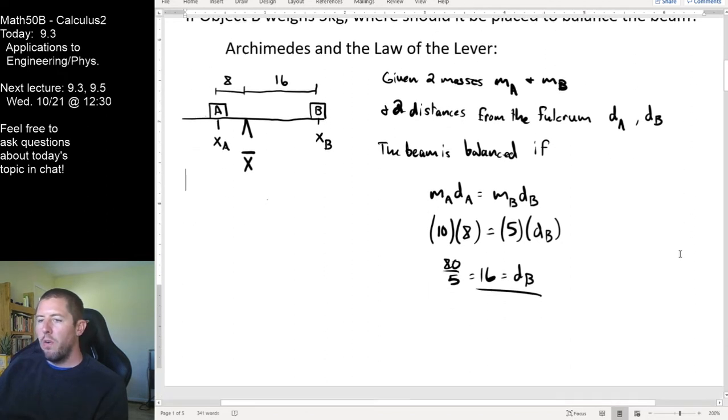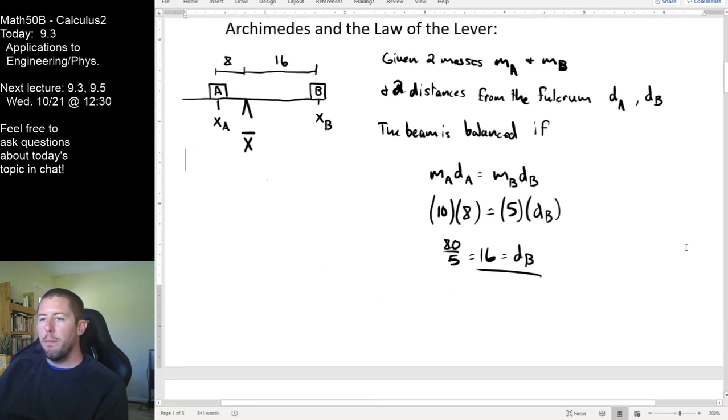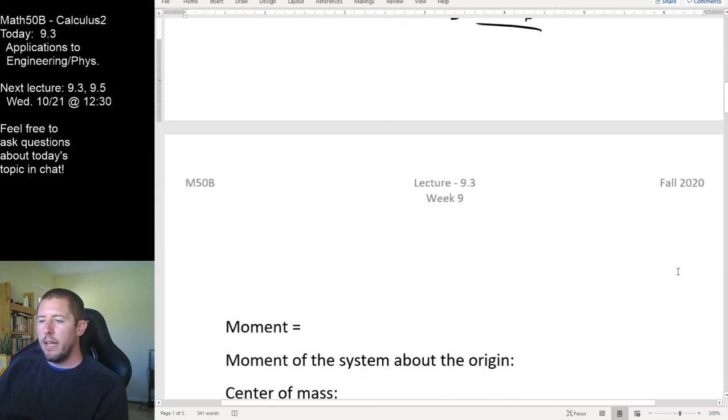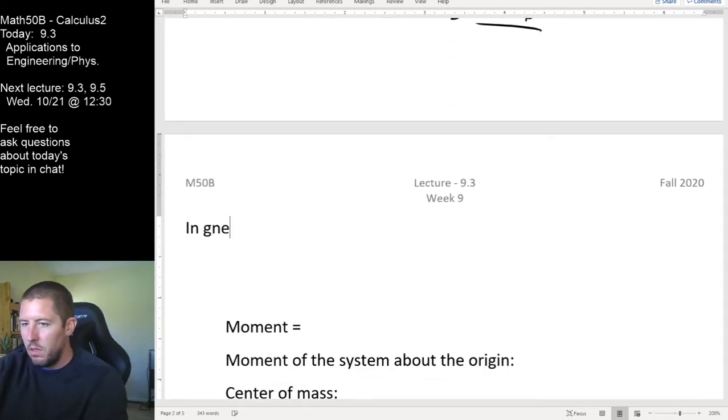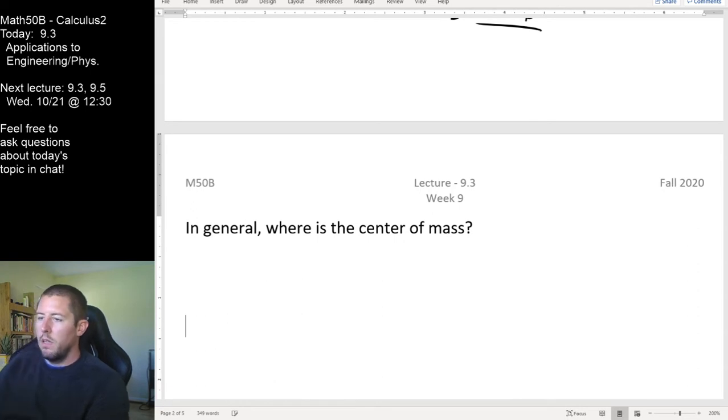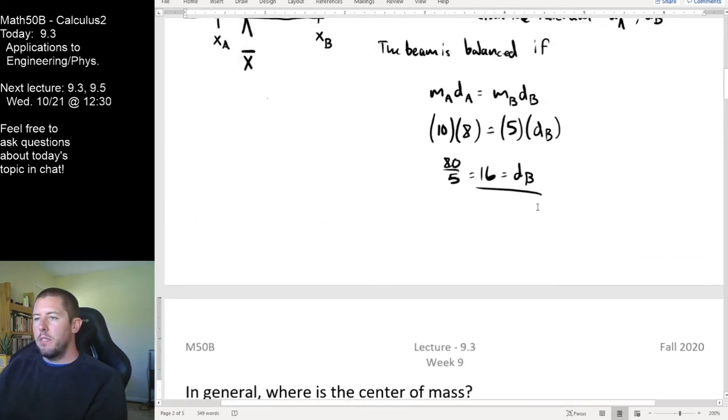So what I kind of want to show right here is that we can generally compute where the center of mass should be. So in general, where is the center of mass? Well, we've got a couple statements to work with here.